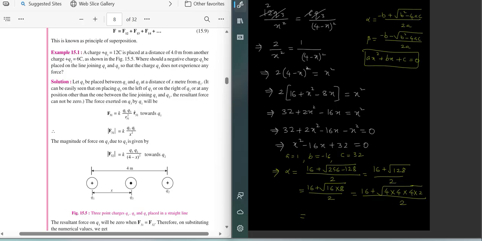If you bring the 4 into 4 outside the square root, it will be 4. This 4 is 2 into 2, so this is 4 into 2 and under root 2 upon 2. So 16 plus 8 root 2 upon 2 is nothing but 8 plus 4 root 2. This is one of the values. And beta is nothing but the other one. So these are the two values of x. So let us check it with here.